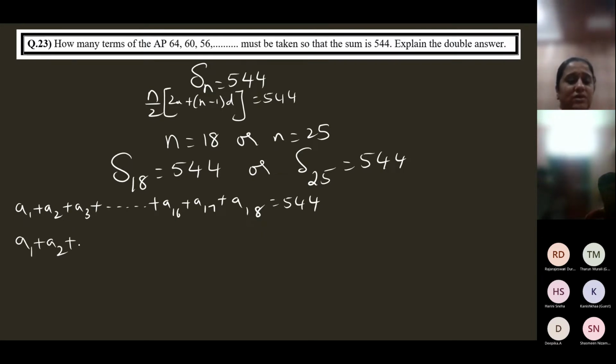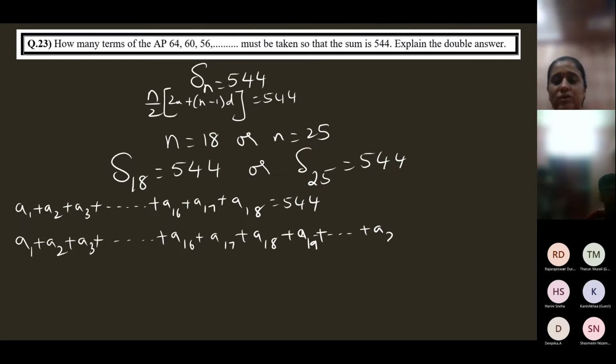A1 plus A2 plus A3 plus, goes on like this, plus A16 plus A17 plus A18. It still continues, plus A19, and then A24 plus A25 is equal to 544. Okay, this is the meaning. Yes or no, children?